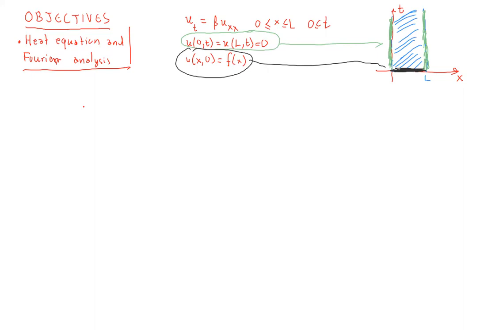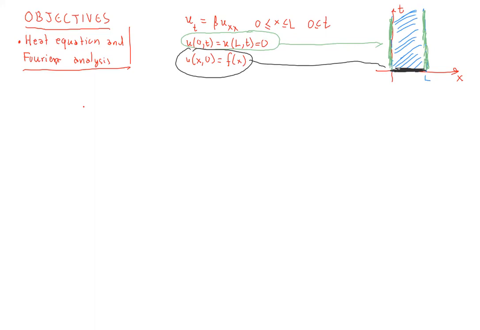And basically, the whole point of this problem is to eventually solve for it and find a function that represents the heat, the temperature, if you will, in the interior of this one-sided strip.